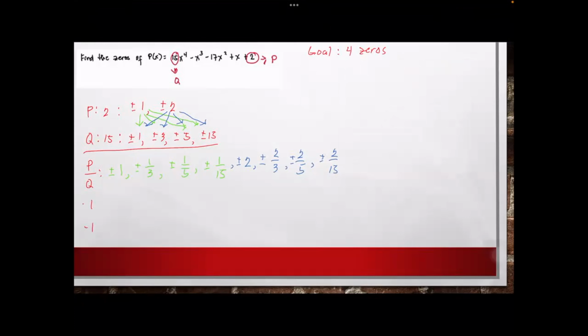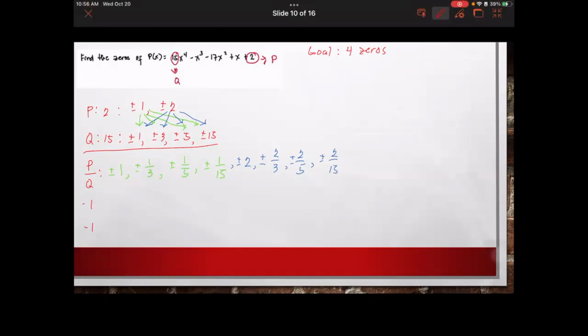1, negative 1, sorry. So this is 1. Tapos, 1/3 and negative 1/3. Paki-compute na po kung gusto nyo mag-compute habang sinusulat ko. Tapos, 1 over 5 and negative 1 over 5.